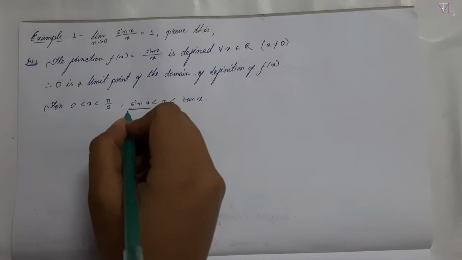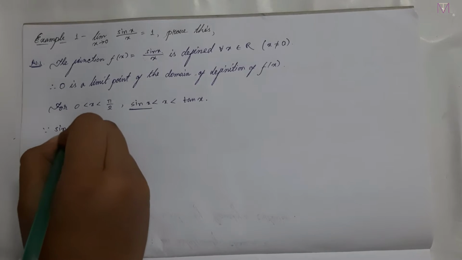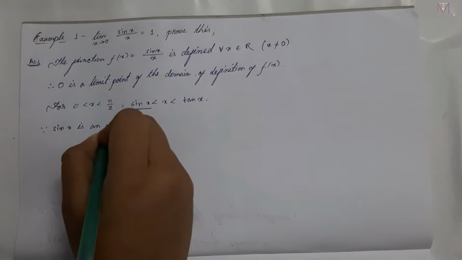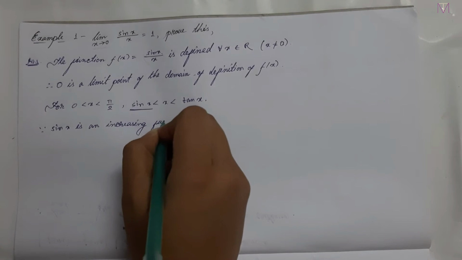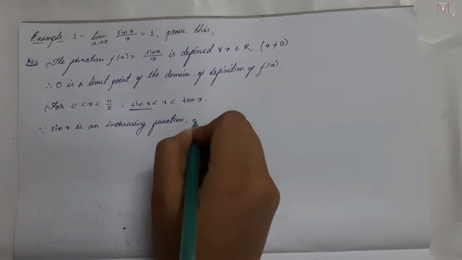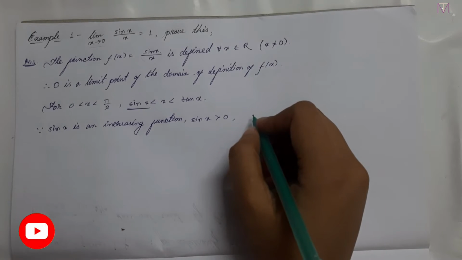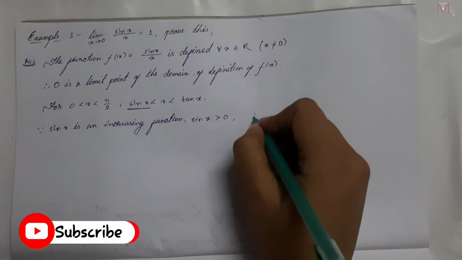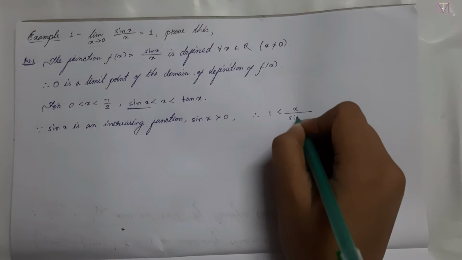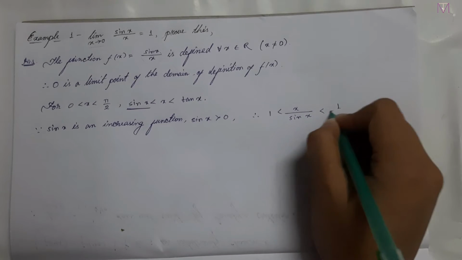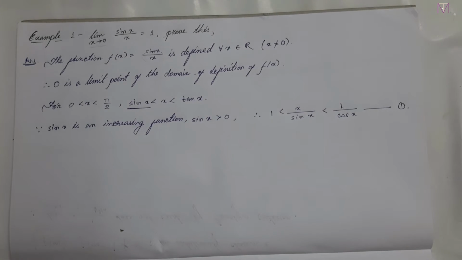Since sin x is greater than 0, we can see that 1 is less than x by sin x, which is less than 1 by cos x. This is number 1.